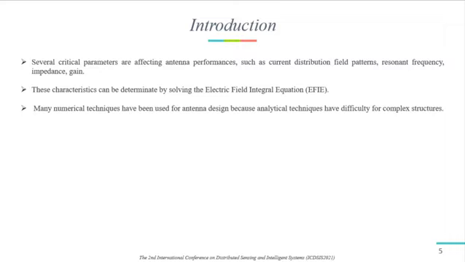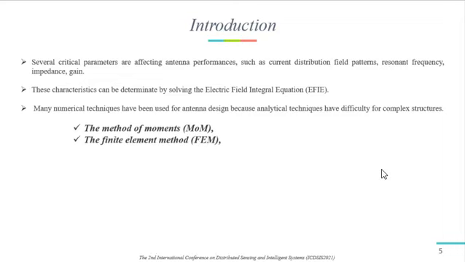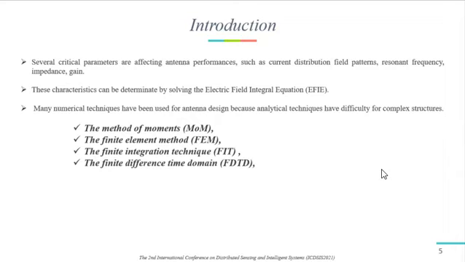Many numerical techniques have been used for antenna design because analytical techniques have difficulty with complex structures. The most used techniques are the method of moments, the finite element method, the finite integration technique, and the finite difference time domain.